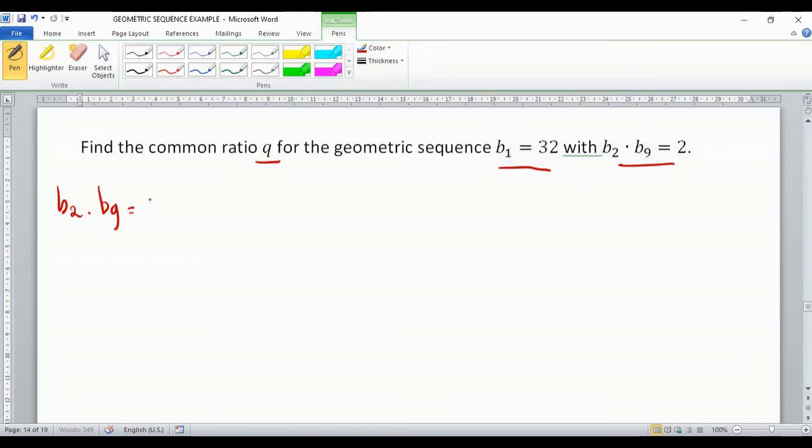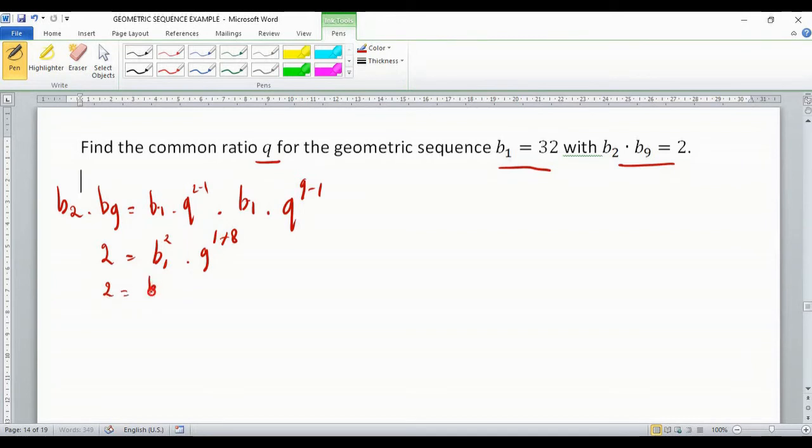The second term is b_1 times q^{2-1}, and the ninth term is b_1 times q^{9-1}. So b_2 times b_9 equals 2, and we have the same b_1, so b_1 squared times q to the power 1 plus 8.